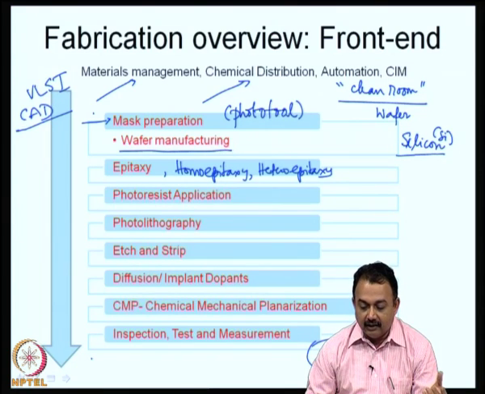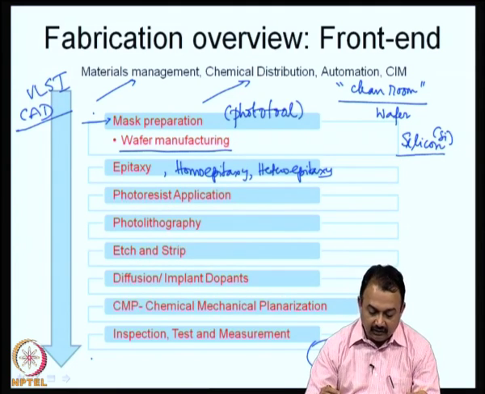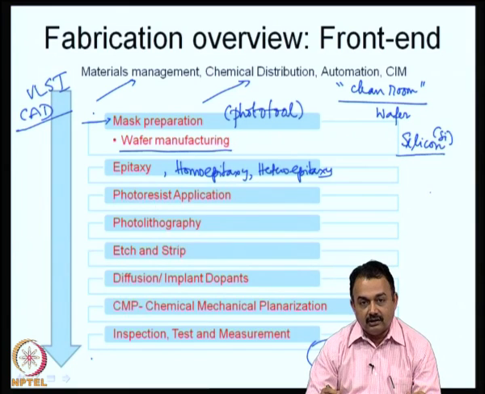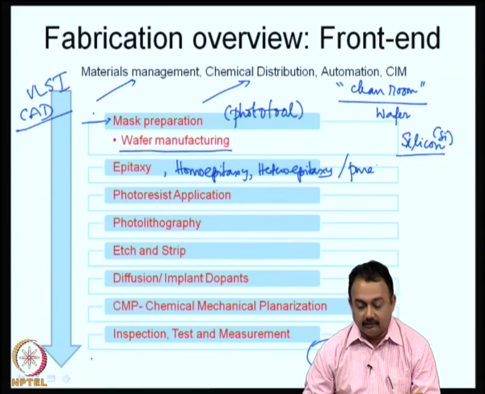So, homoepitaxy and heteroepitaxy are the common types of epitaxial processes. Basically, it is an oxidation process, and it is also very important to get very pure layers of silicon.